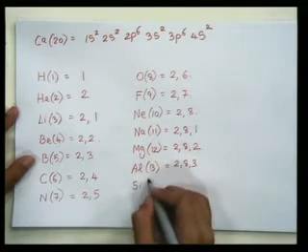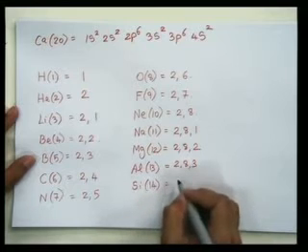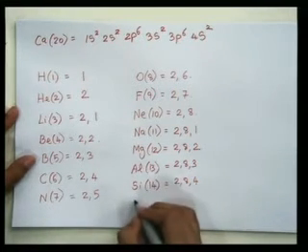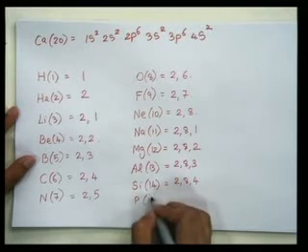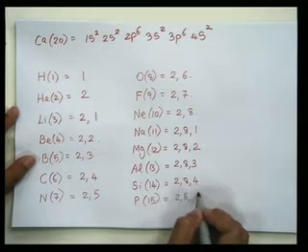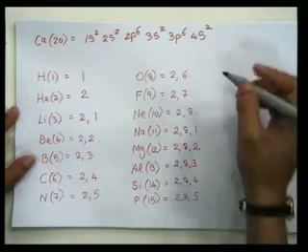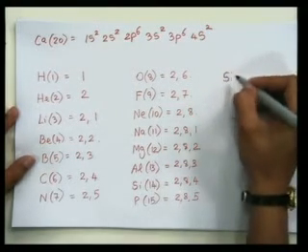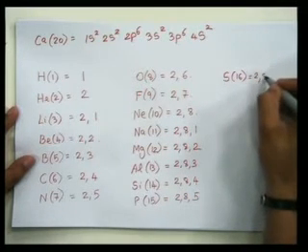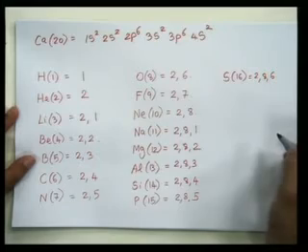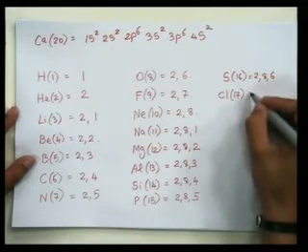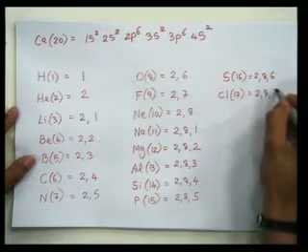Silicon having atomic number 14 can be written as 2, 8, 4. Phosphorus having atomic number 15 can be written as 2, 8, 5. Sulfur having atomic number 16 can be written as 2, 8, 6. Chlorine having atomic number 17 can be written as 2, 8, 7.